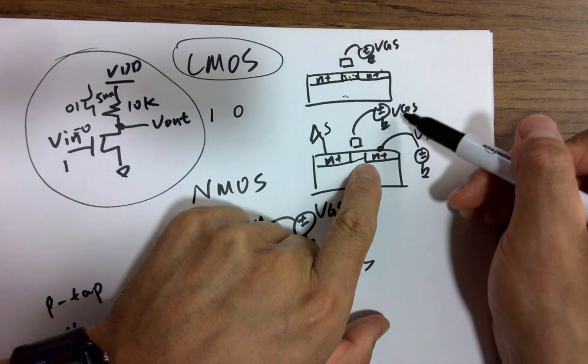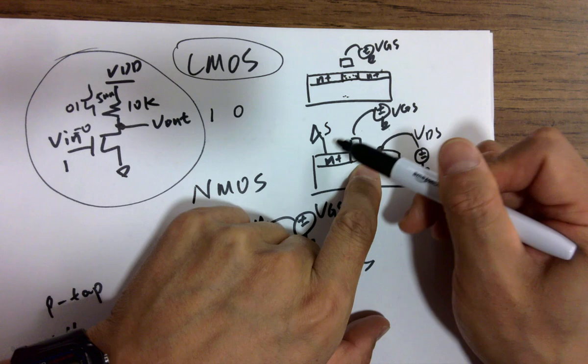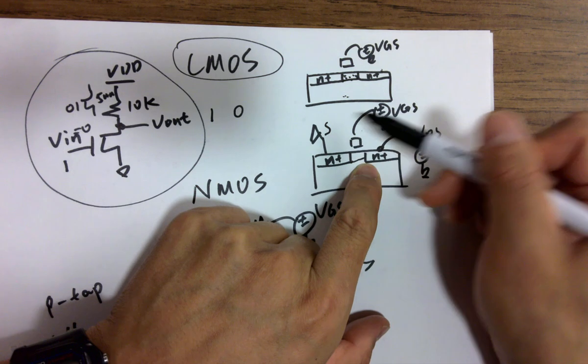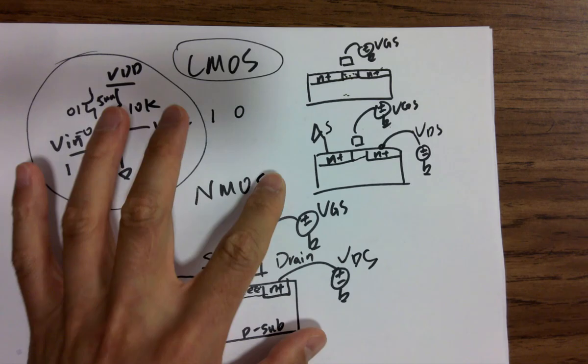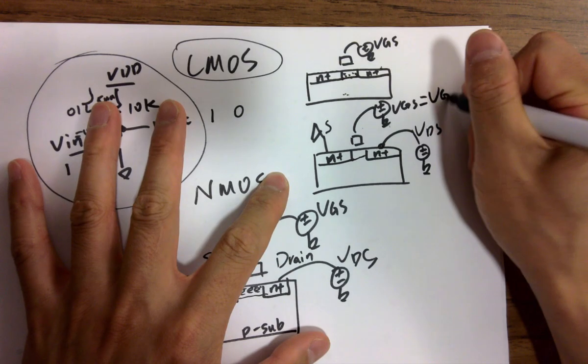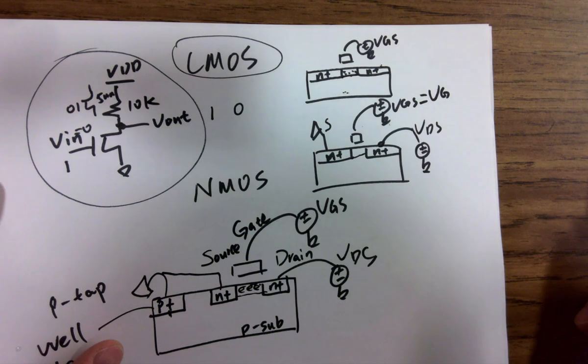So VGS is basically the gate-to-source voltage difference, basically the gate voltage. So VG equals VGS in this case.